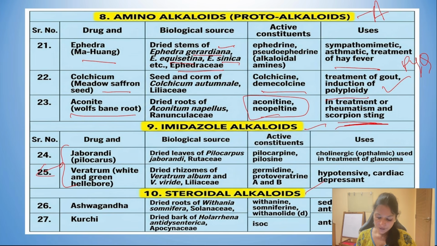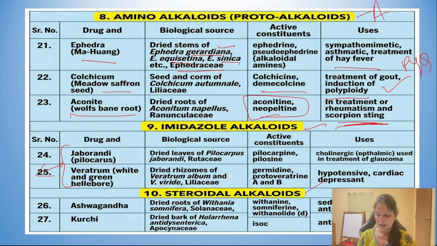We'll see the biological source here: the dried leaves of Pilocarpus jaborandi, Rutaceae family. This is for jaborandi.